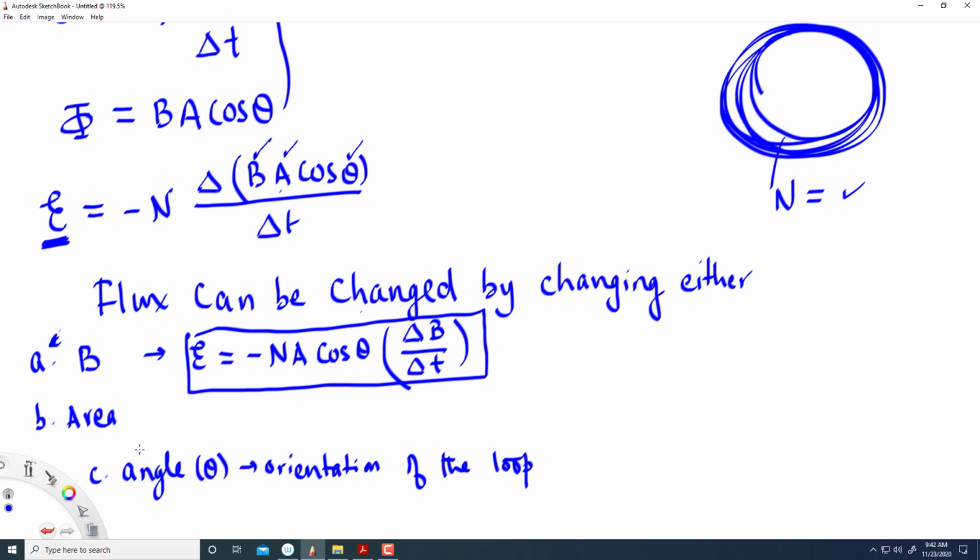Now when I'm changing area, look at this formula. We have EMF given by n. I am changing A, but I'm keeping B and cosine theta constant. So pull B out, it's constant, and cosine theta also constant, pull it out. So then I will have delta A over delta T, because that's what I'm changing.